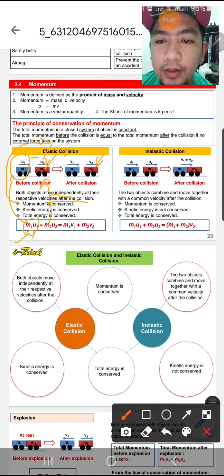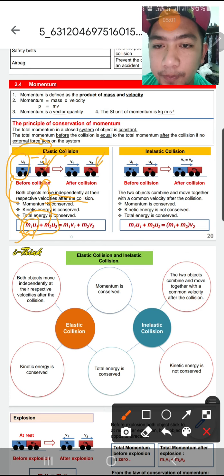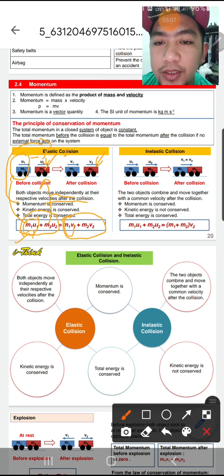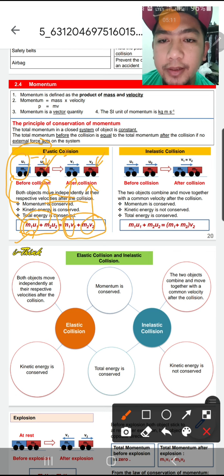The total momentum before collision should equal the total momentum after collision. This one refers to the blue car, and this one refers to the red car.